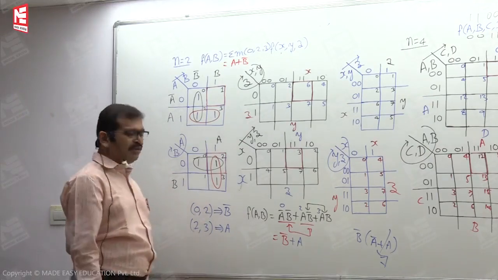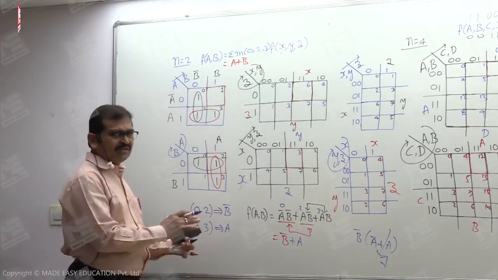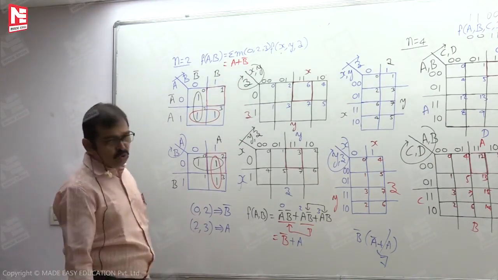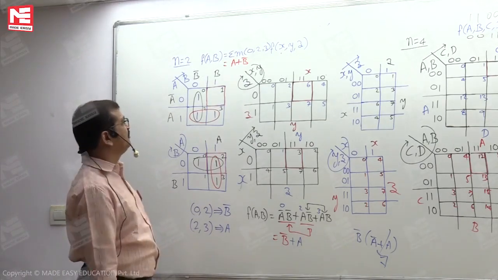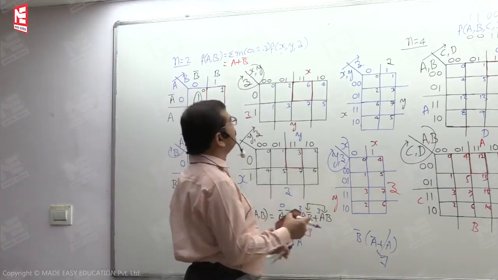Okay, that was a 2 variable example, a small thing. Let us go now to 3 variables, later to a 4 variable function. So, note down.